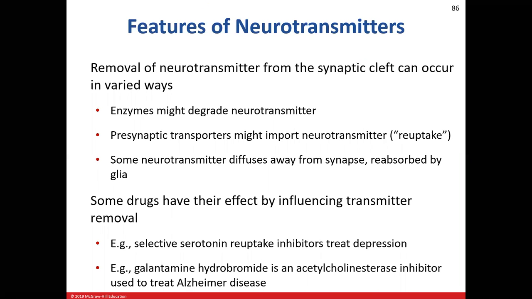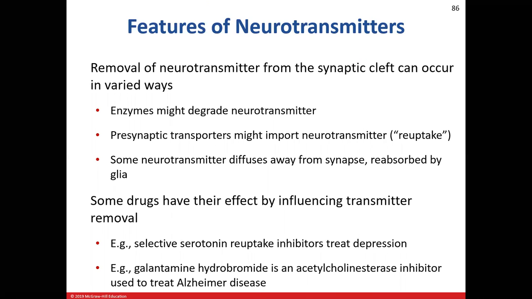So one of the things that we haven't really gone into great depth yet is how we remove the neurotransmitters from the synaptic cleft. And it can occur in varied ways. Well, when we look at acetylcholine, we know that we have the enzyme acetylcholine esterase. So we know that one of the ways is that there's an enzyme that can come in and degrade the neurotransmitter.